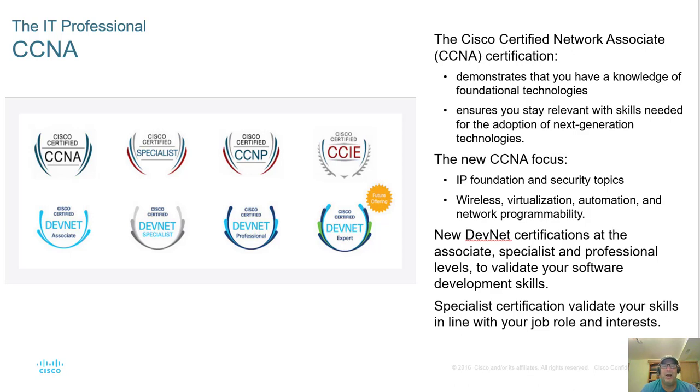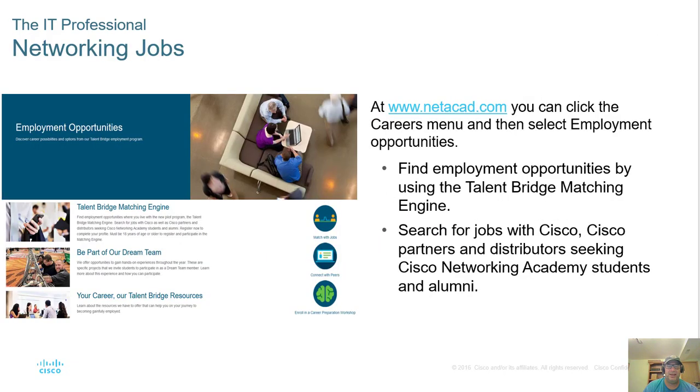It does show competence in the arena of information technology, specifically in a networking background. So keep that in mind, and you can look through this, and they have all kinds of badges and certs that you can get, and it changes all the time. So I don't want to get too deep into it, but I think that really takes us through the end of Module 1.